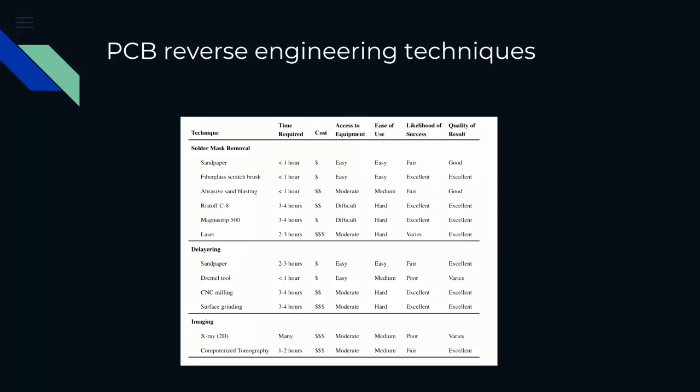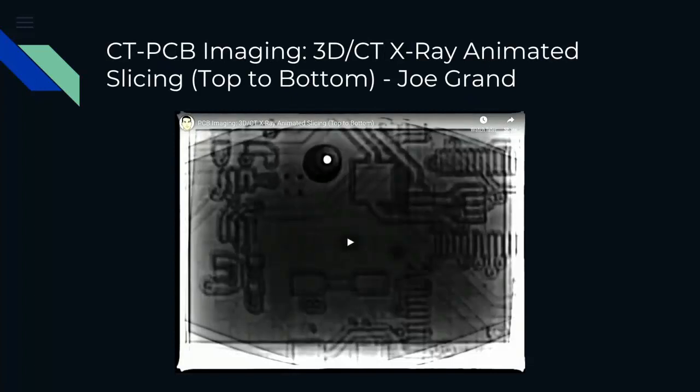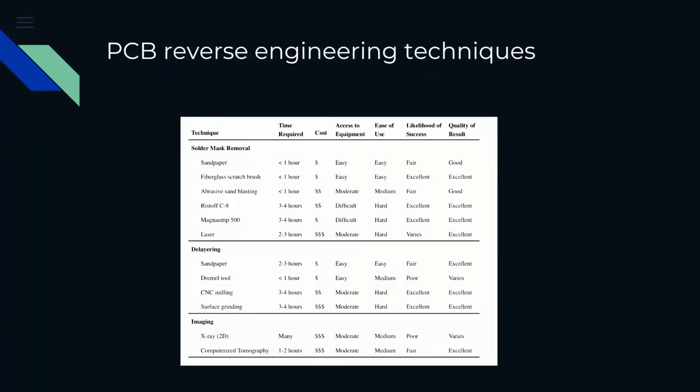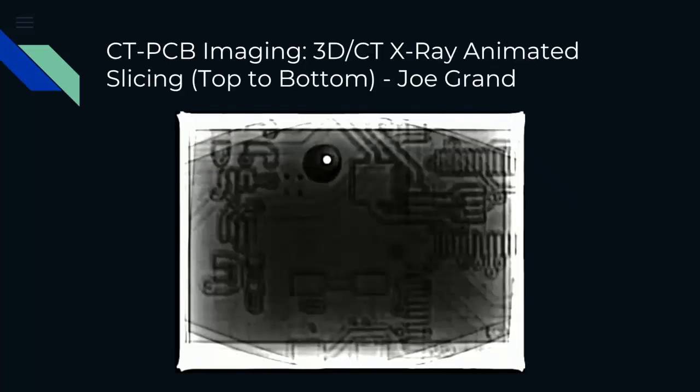It's a very good talk. I recommend you watch it. I'll have a link later here. And in my opinion, the best ways nowadays to perform non-destructive PCB reverse engineering would be using X-rays or CT scans. Here is an example from Joe Grant.